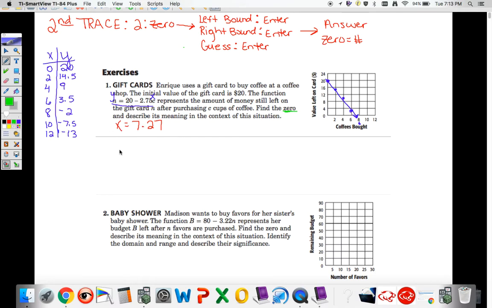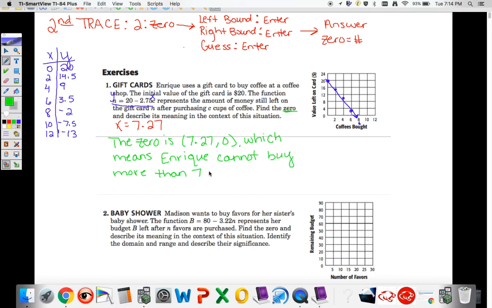So what that means, we're going to put here the 0 is 7.27, 0, which means Enrique cannot buy more than 7 cups of coffee.